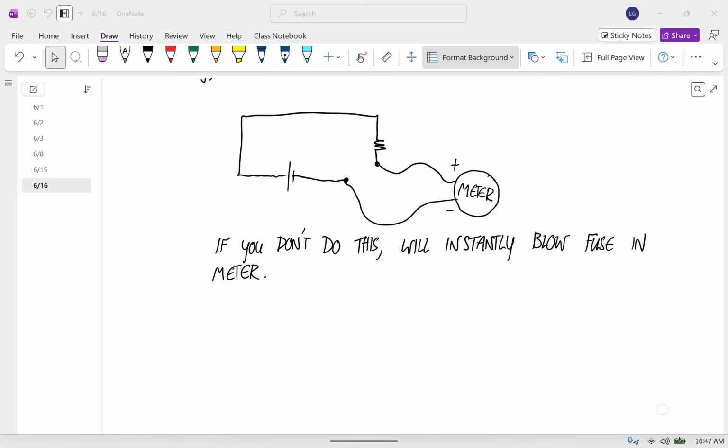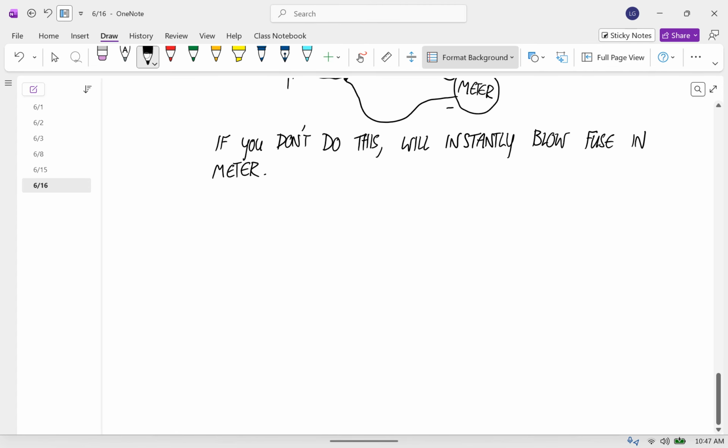Okay, so that's the easiest one. A lot of devices have resistance that varies as the current goes through it. So at different amounts of current flow, you'd measure different resistances.